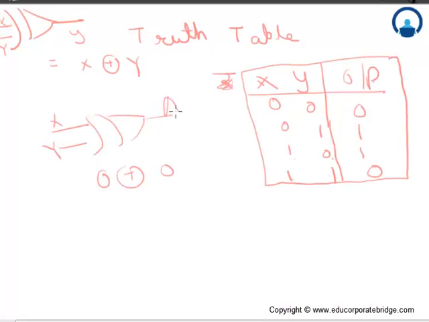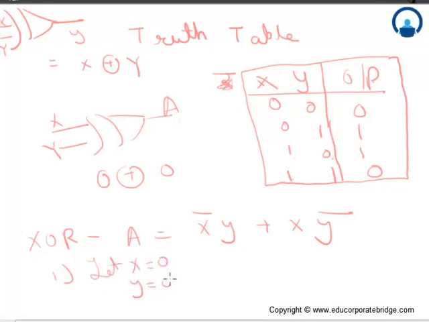Let us take the output as A. The basic equation for the XOR gate is A equals X bar Y plus X Y bar. If we take this input, let X be 0 and Y be 0.